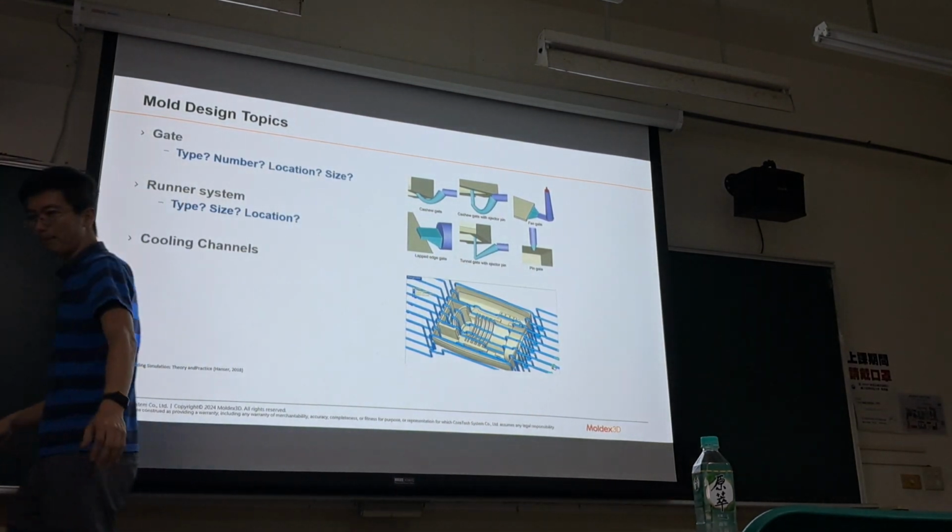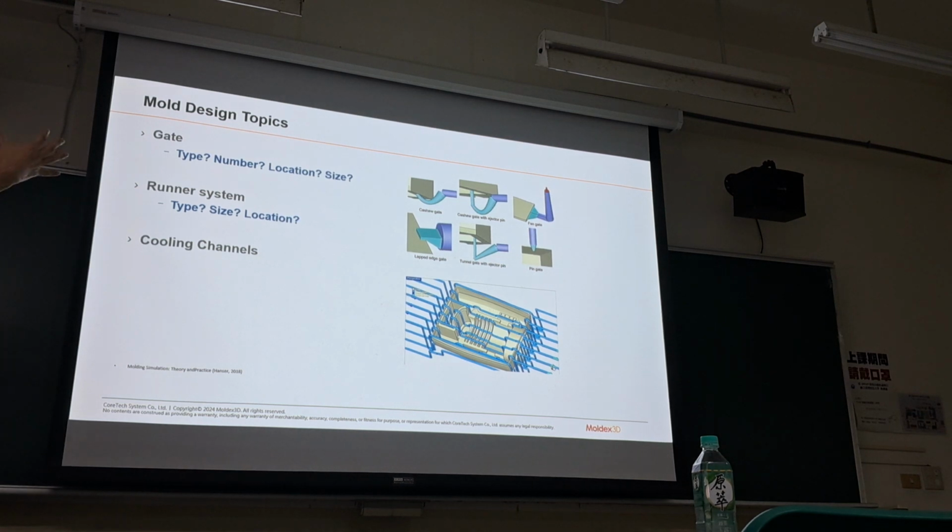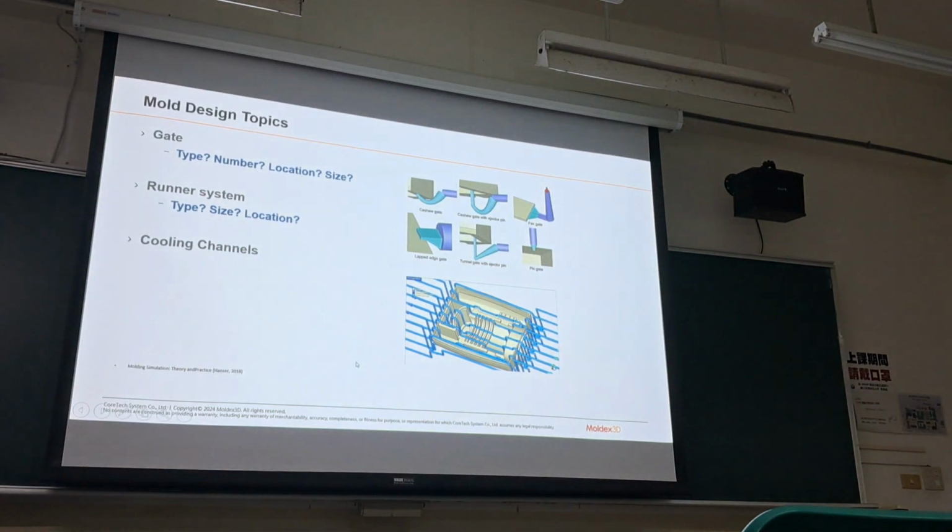And for a very big part, maybe you can have 4 or 6 multiple gates. So you also need to design how many gates you are going to use and where to locate your gate. And this is also why we may use software to simulate, to help you identify those issues.